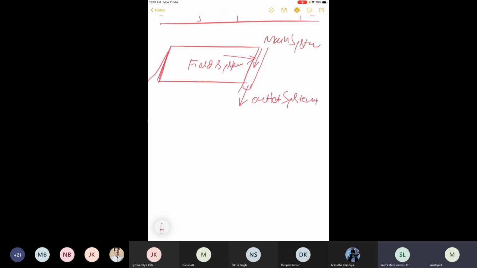Irrespective of whether it's surface drainage or subsurface drainage, you would see these three main components. One is the field system. The main objective of the field system is to collect the excess water from the field surface or subsurface, and convey it to the main system.